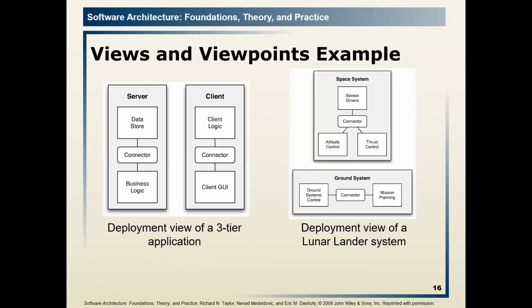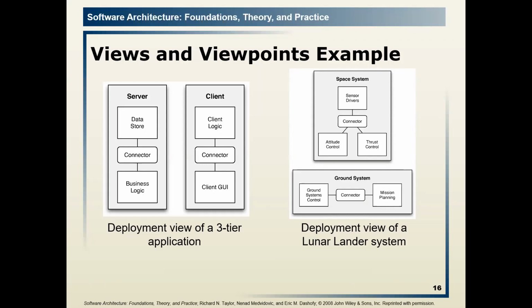So for example, let's say we have a three-tier application, right? You can look at it from a deployment view. Now at the time of deployment, it is important that you identify the components that are installed on the server machine and the components that are installed on the client machine. So that is given in the deployment view.